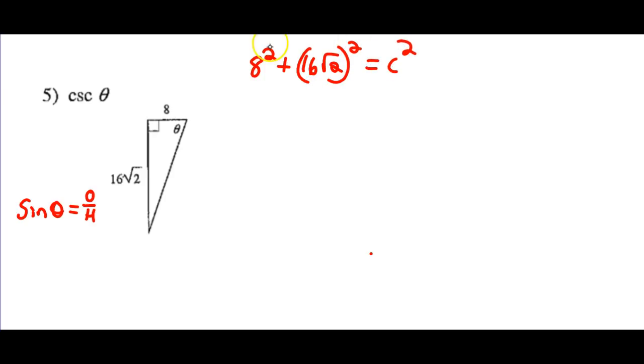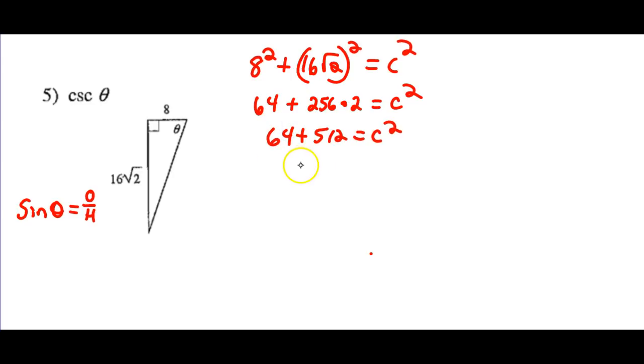And so 8 squared is 64 plus 16 squared, which I believe is 256, times the square root of 2 squared, which is just 2, and 256 doubled is going to be 512, and add 64 to this, so we get 576.